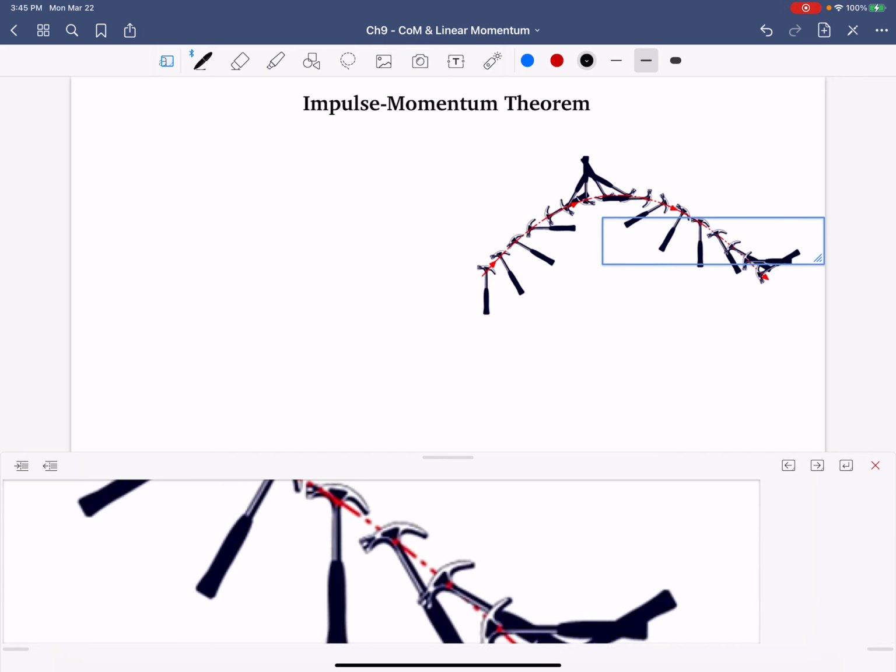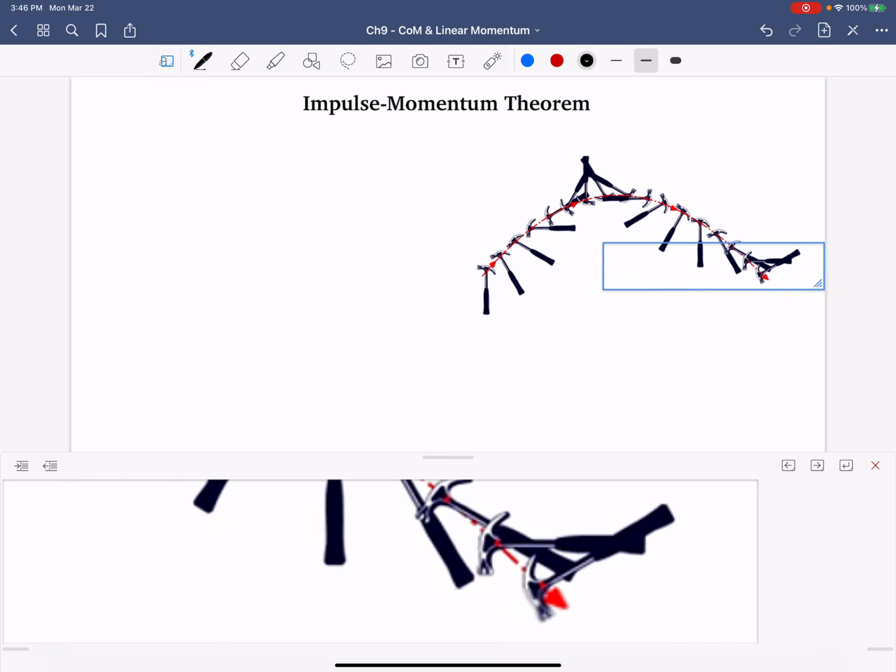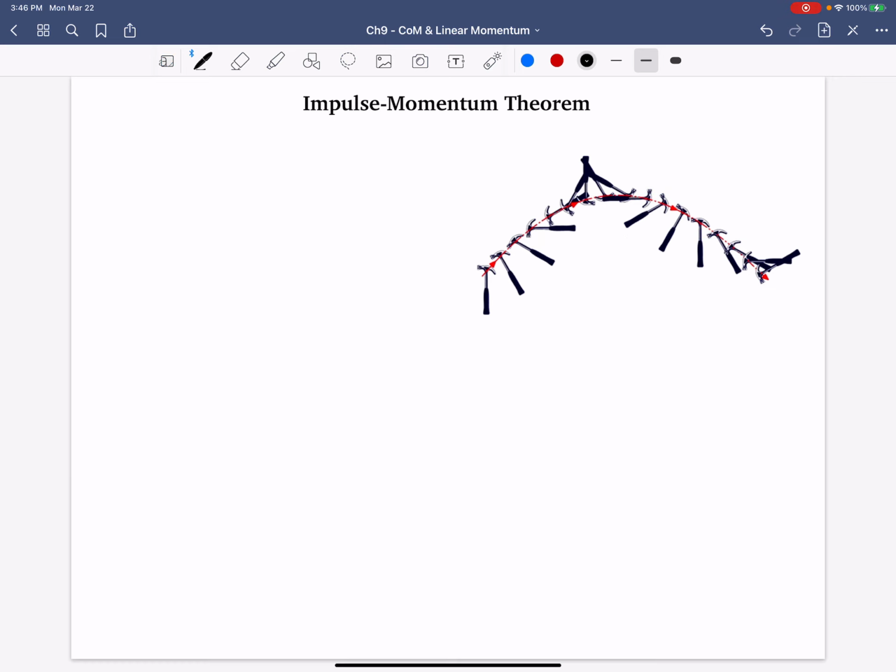But that's not the important thing here. The important thing is to look overall and see that the center of mass's position in space as the hammer is thrown forms a nice, smooth, contrary to what I'm sketching here, a nice smooth parabola in the air, right?